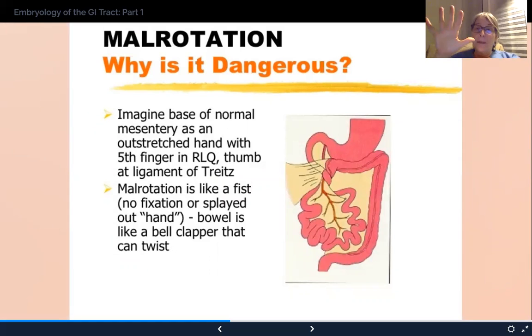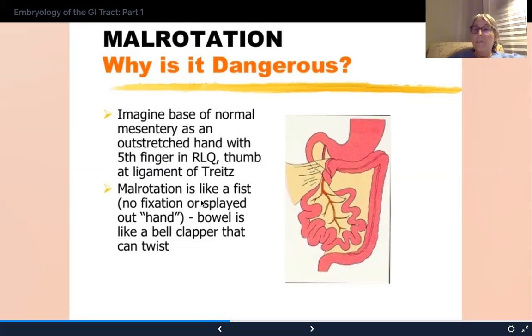So imagine a normal mesentery. All of the blood vessels, so your arm is the superior mesenteric artery. All of your fingers are the blood vessels going out to the intestines here at the tip of your fingers. And normally, and do this on yourself, your little finger would be fixed down on the right lower quadrant. Your thumb would be on the left upper quadrant where the ligament of Treitz and the terminal ileum are fixed down.